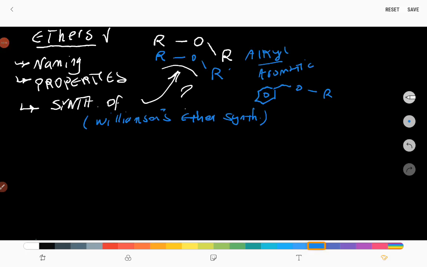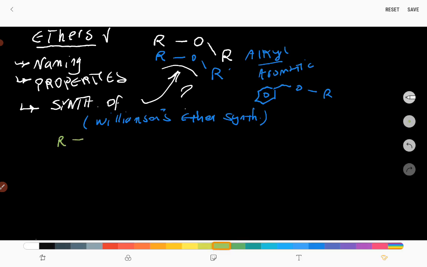The reaction is very simple. In a simple way, Williamson ether synthesis is used to synthesize an ether from an alcohol molecule.